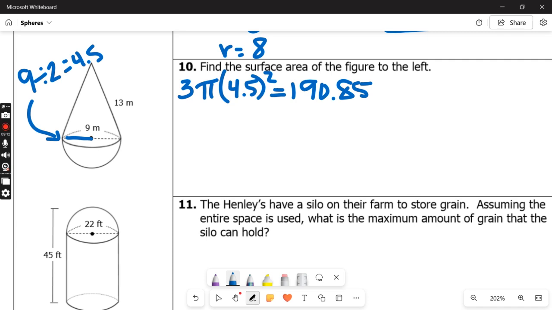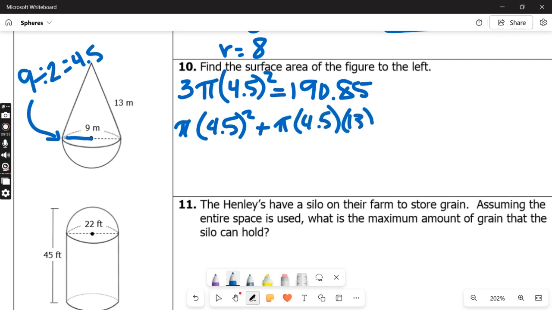Okay, so we're going to do pi times the radius squared plus pi times the radius times that lateral, which is 13.